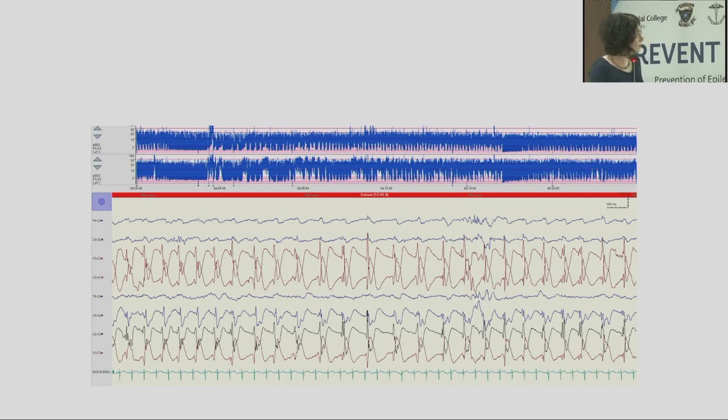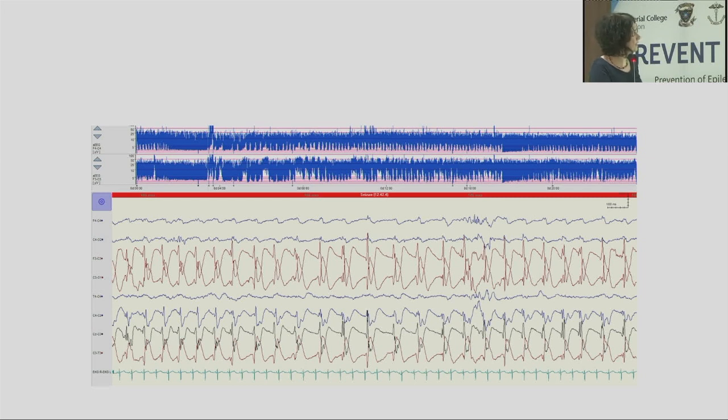Here's another example. So what's the background activity again? Discontinuous. And then here you have seizures. Again here, this period is status.